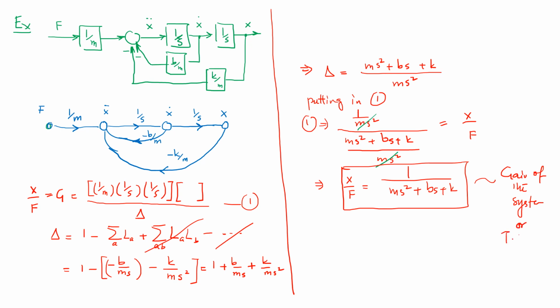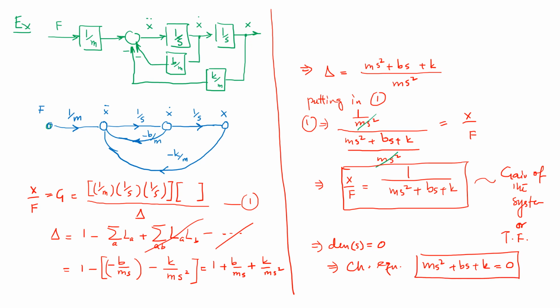or transfer function. Now you can readily see that in this particular scenario, the denominator, which is in the S domain, when equated to 0, gives you the characteristic equation, and in this case you have ms squared plus bs plus k equal to 0 as the characteristic equation.